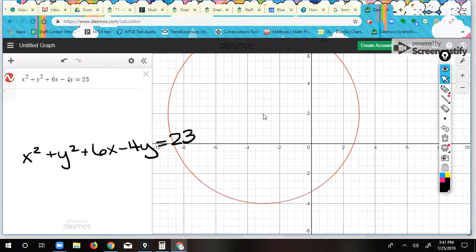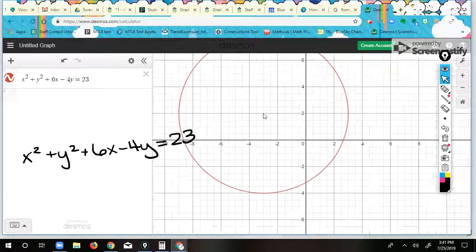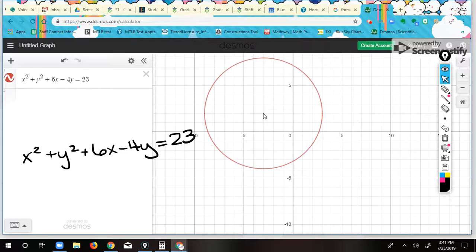I wonder if it shows you the center. Oh, yeah, that would be kind of hard. I wonder if you could just graph 2 points here. So that one looks like it's about 3.